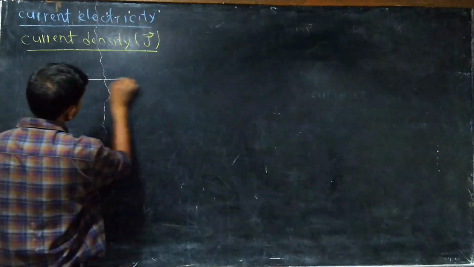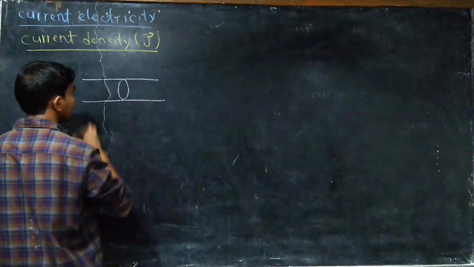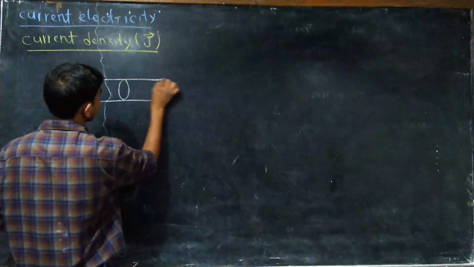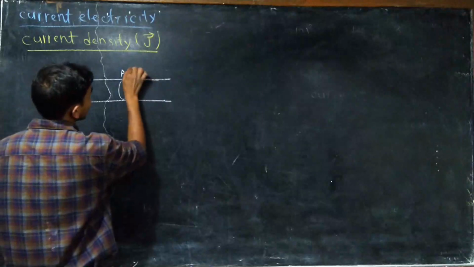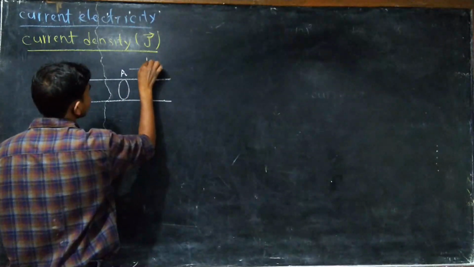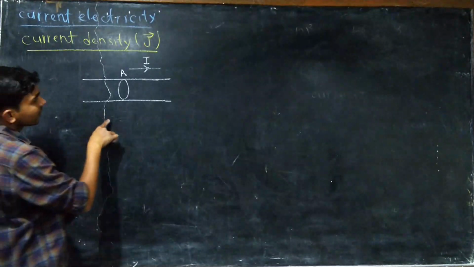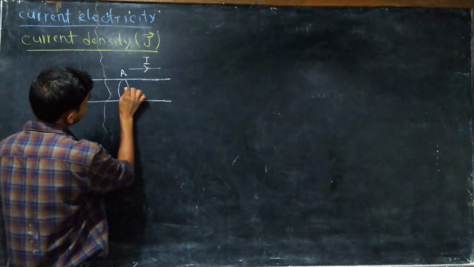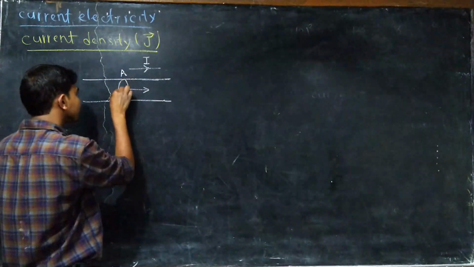Suppose this is your conductor, and this conductor has area A, and the current passing through this conductor is I. This current is passing perpendicularly to this area.